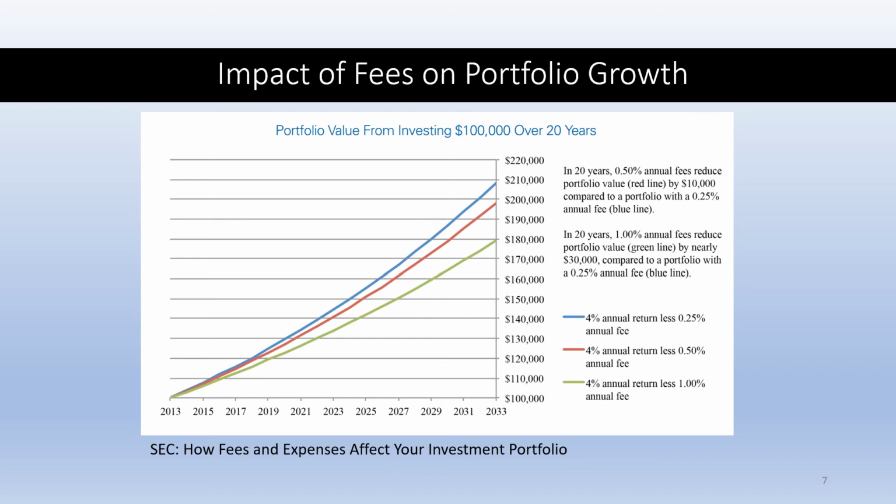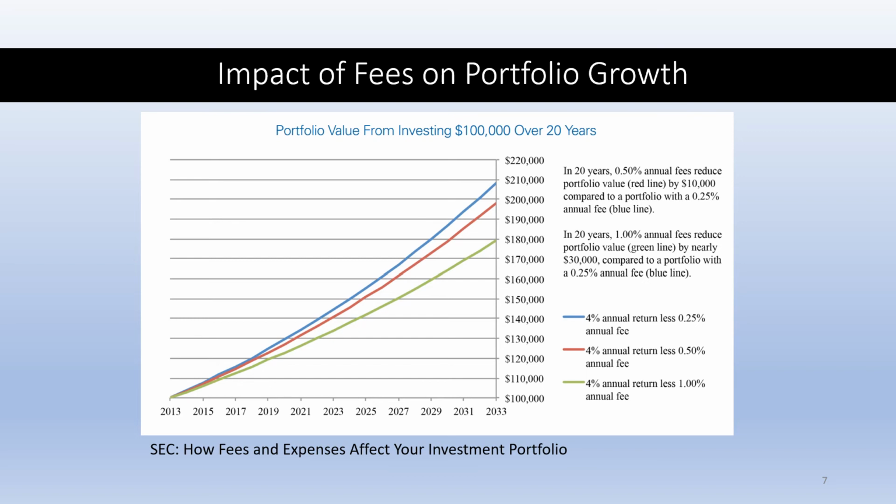So just 25 basis points difference, 1/4 of 1%, which seems like nothing, will reduce your portfolio over 20 years by 10 grand. We just talked earlier about the percent assets managements being sort of in that 1% category. Here we're talking 25 basis points, how it can add up.